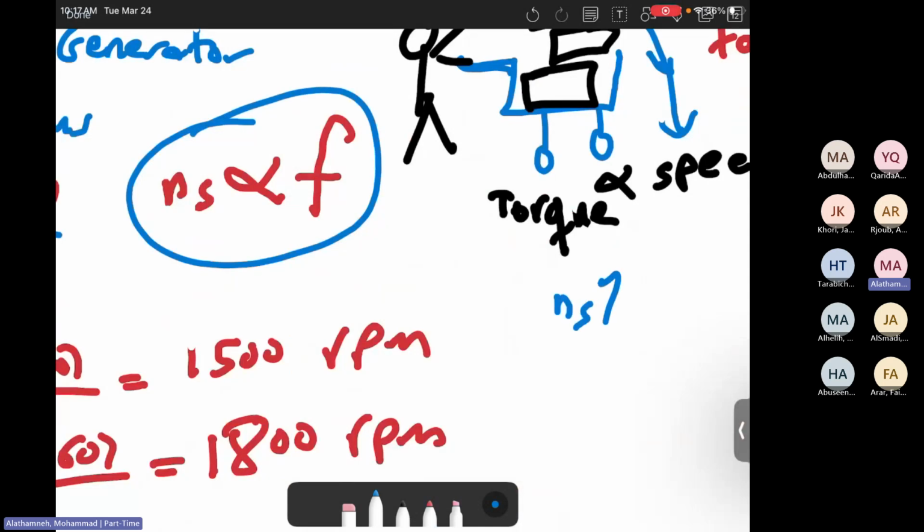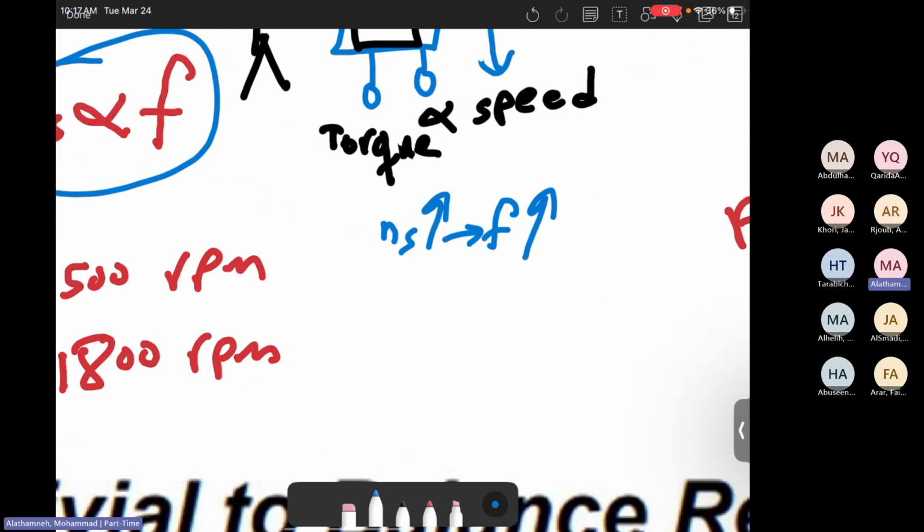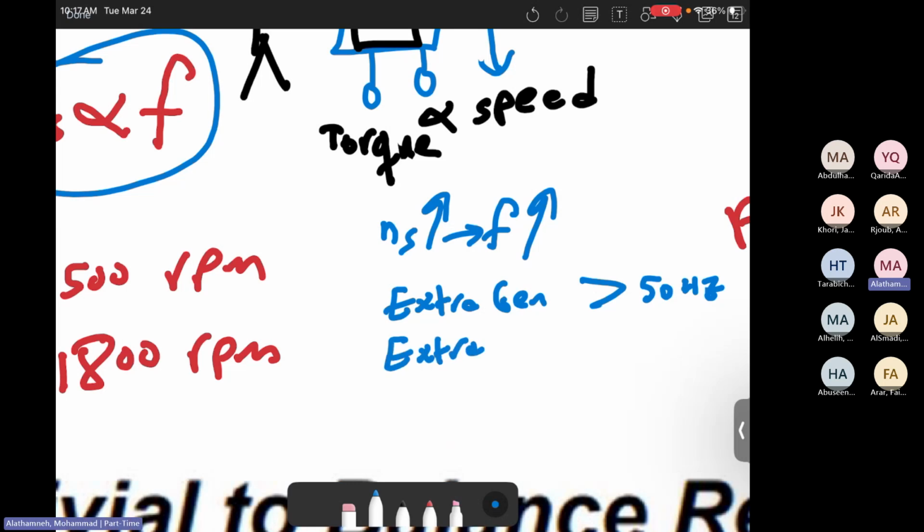So if the speed goes up, the frequency will go up. As a result, when you have extra generation, the frequency will be larger than 50 hertz. If we have extra load or less generation, the frequency will be less than 50 hertz.